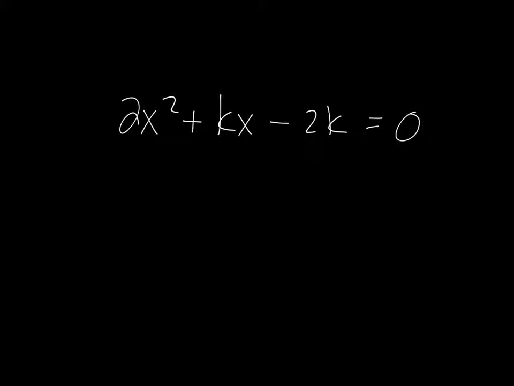If the roots are imaginary, the discriminant is what? What's the discriminant? Negative. If the roots are imaginary, the discriminant is negative. So take the discriminant and set it less than 0. That's what negative means. Well, B in this case happens to be what, Jeff? B is k. And then A is 2.